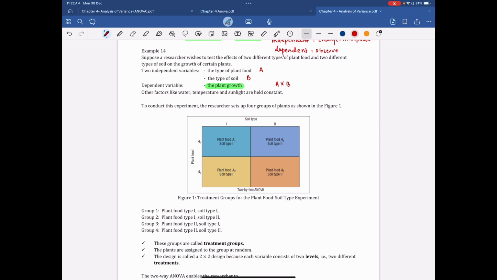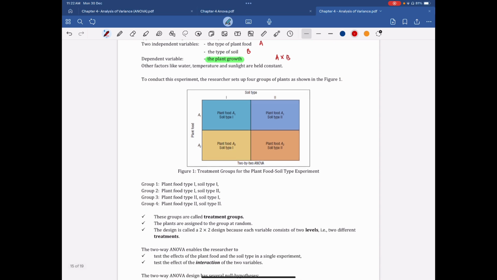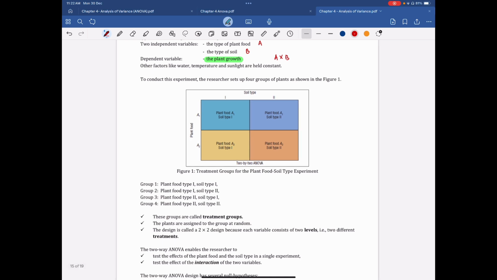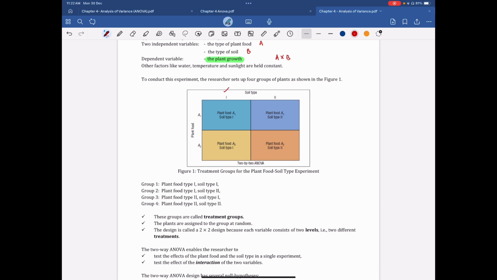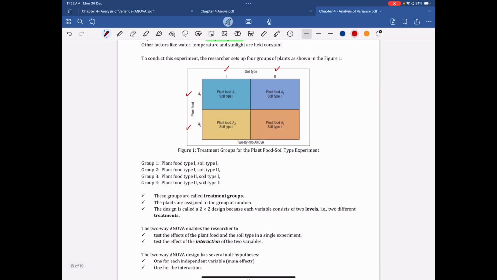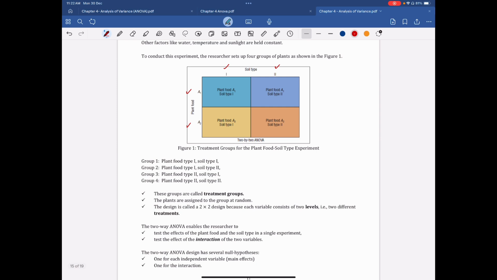To conduct this experiment, the researcher sets up four groups of plants as shown in figure 1. Since we have two types of soil and plant food A1 and A2, this is how you will see the treatment groups for our two-way ANOVA analysis.